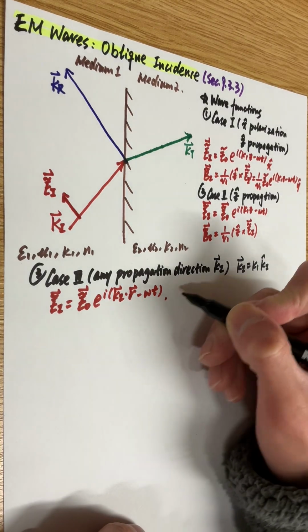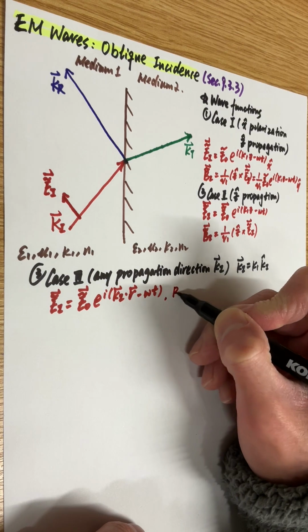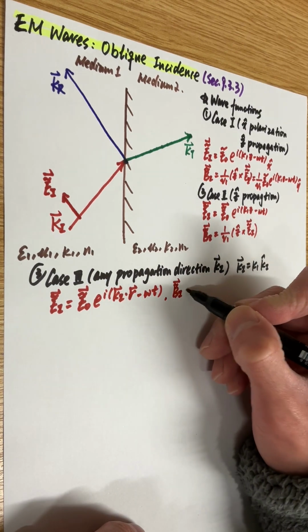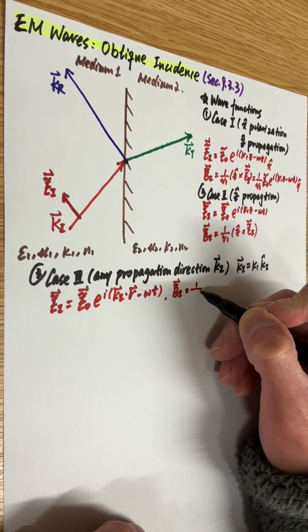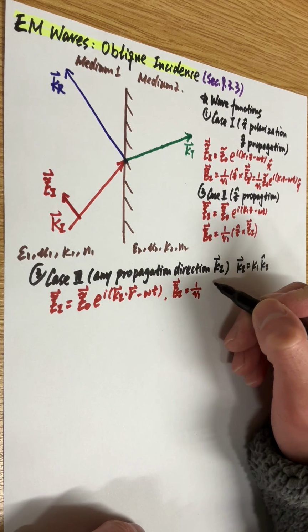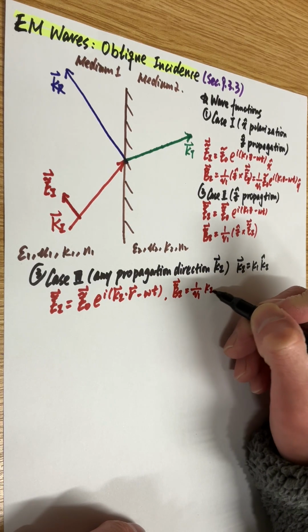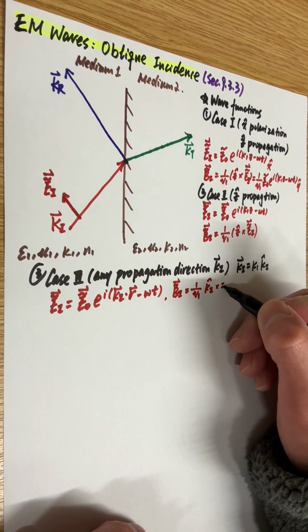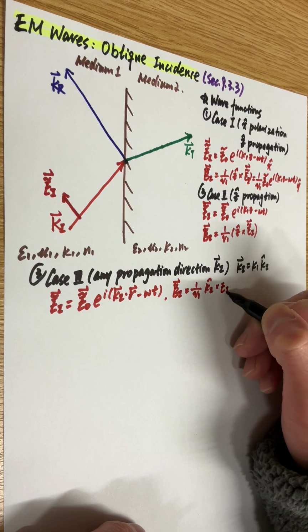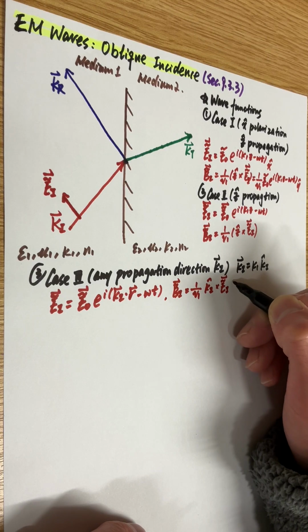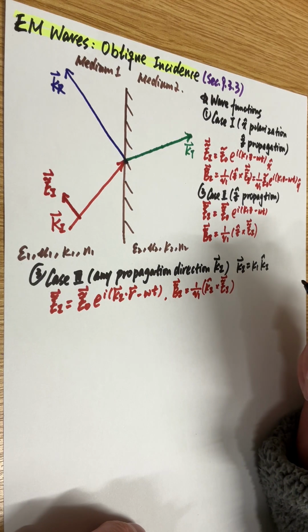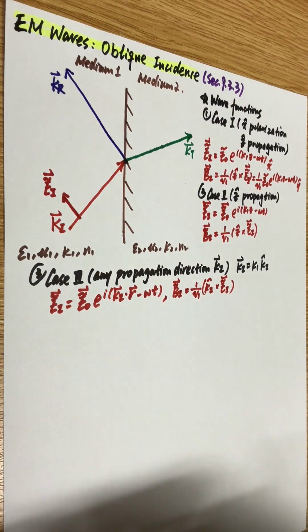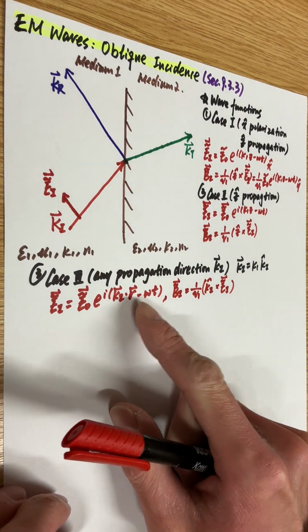Okay, so for the magnetic field, we have BI equals 1 divided by V1, and then kappa I unit vector, the direction of propagation, cross the E field. So we want to simplify this.